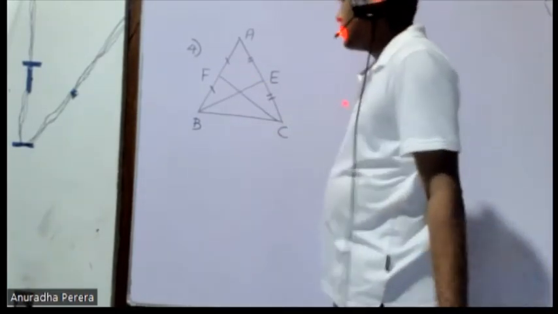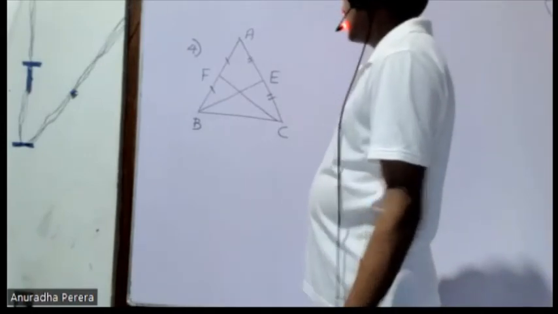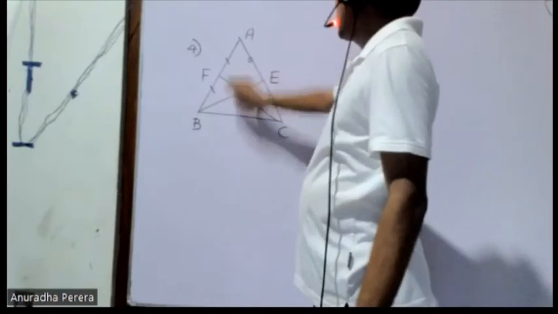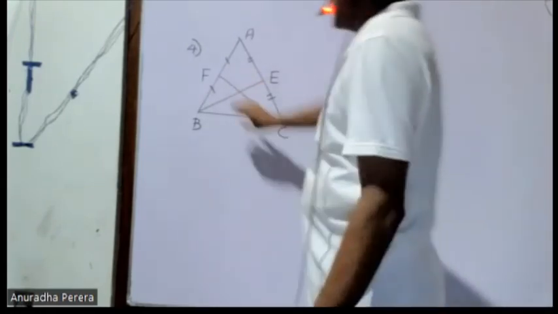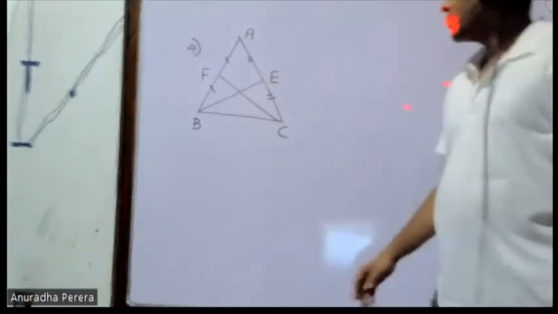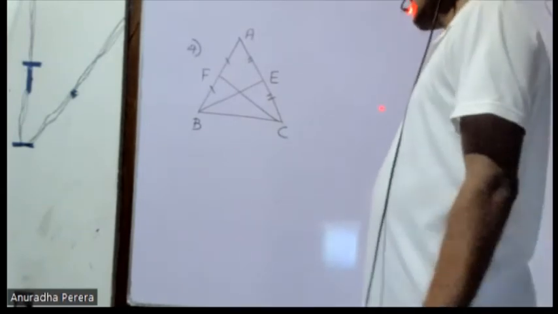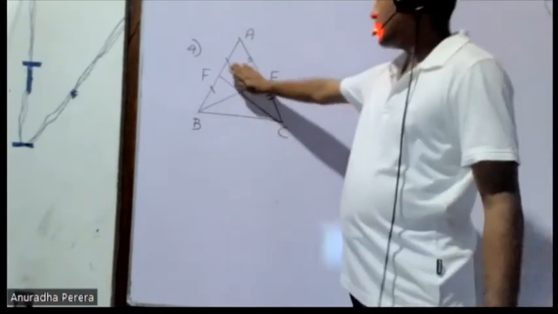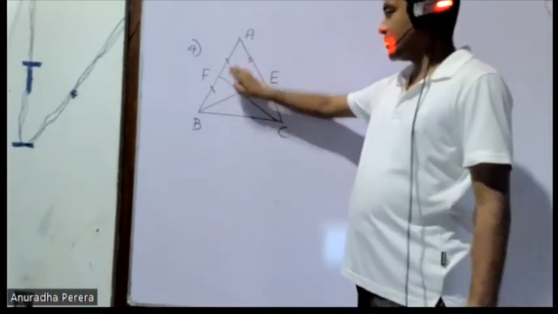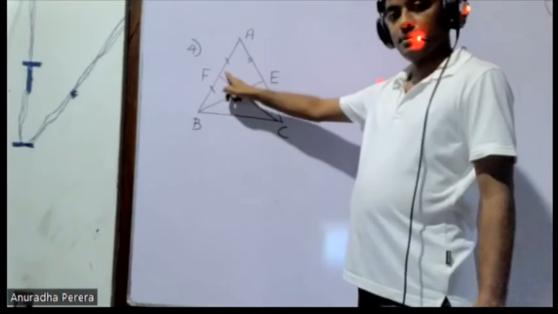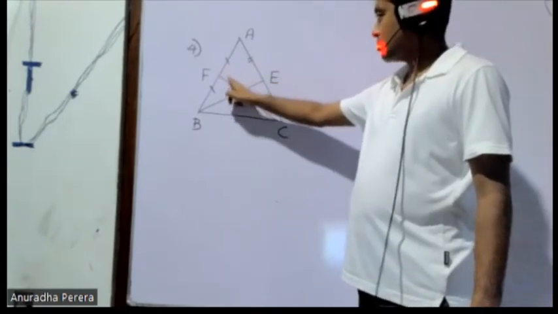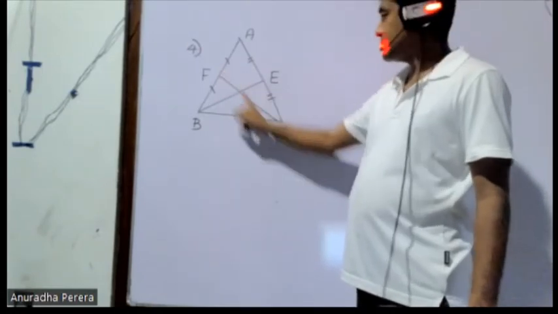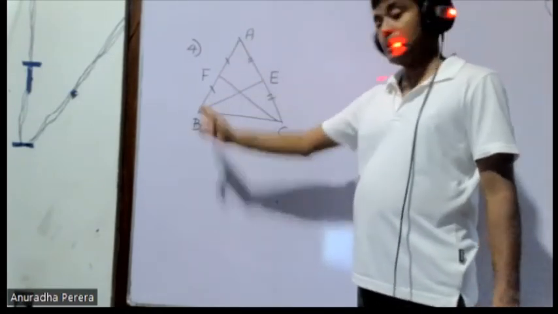First you can prove these triangles are congruent. Then tell me how to prove it. If you prove these two are congruent triangles, then you can say these two angles are equal. But you know this is a straight angle. If one angle equals 90, that means FC is perpendicular to AB.